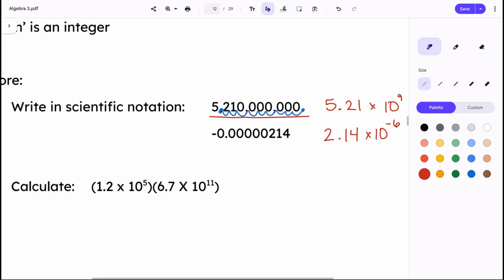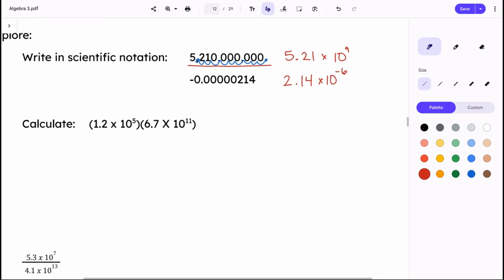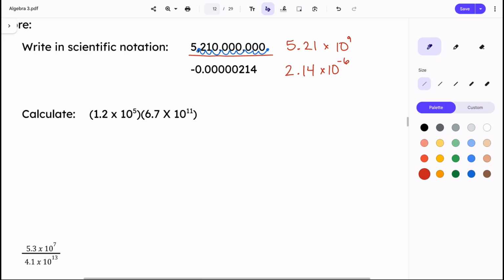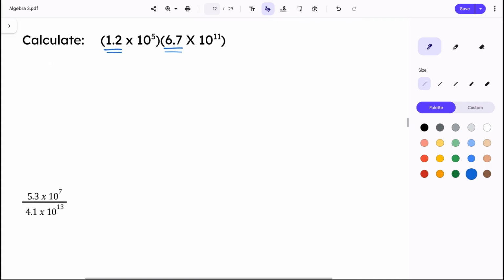But now let's do some problems where we're operating with numbers in scientific notation. So the first thing is let's just multiply. When you're multiplying with scientific notation, some of those rules that we talked about still apply. The first thing I would do is just multiply 1.2 times 6.7. What does that come up to be? 8.04.